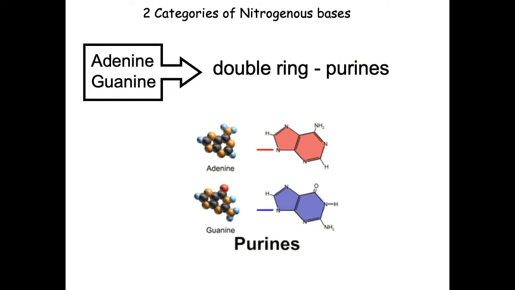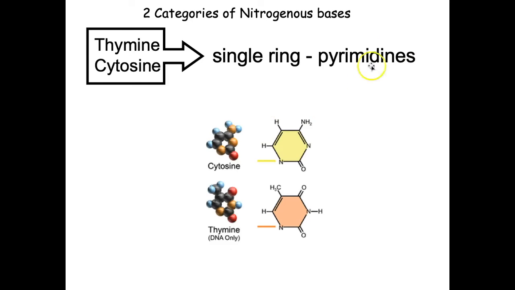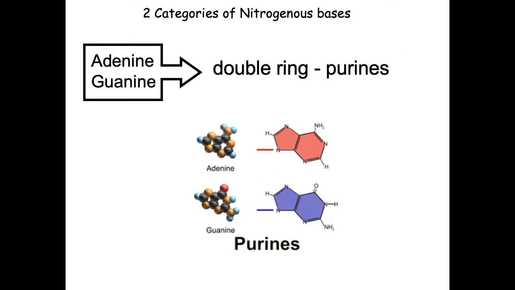And the way I remember this is basically the size is backwards. The actual size of the base is backwards to the size of the name. So purine is a small word, whereas the purine bases are larger. They have two rings. Pyrimidine is a big word, whereas the bases are small. They have only one ring. If you have a better way, awesome.